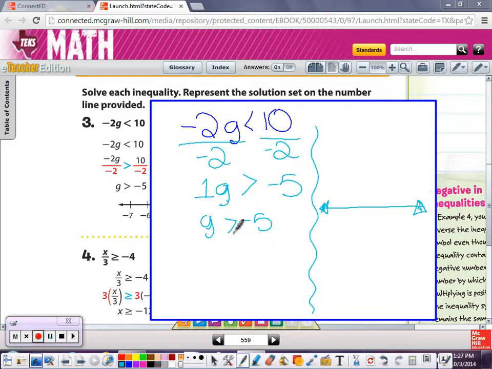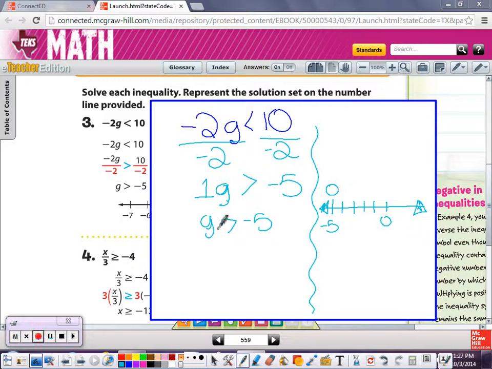It's telling us all of our solutions have to be bigger than negative 5. So here's 0, here's negative 1, 2, 3, 4, 5. Here's negative 5. All of our answers have to be greater than. Notice there's no equal sign here, which means I'm going to have an open circle, because negative 5 is not considered to be one of our answers.